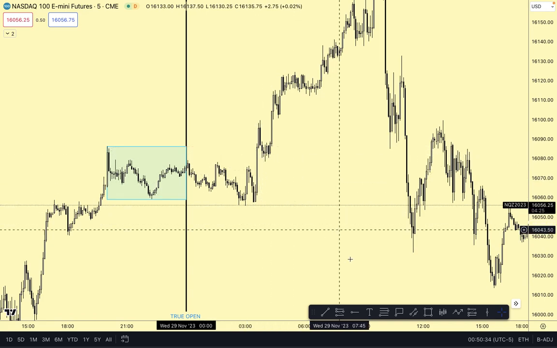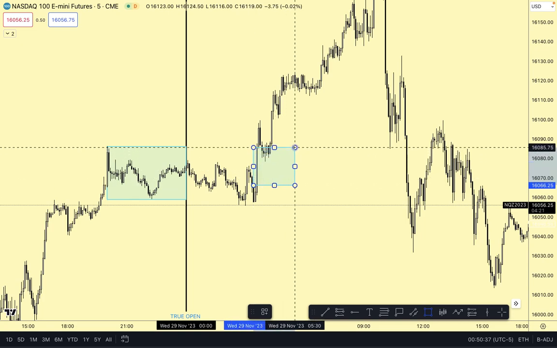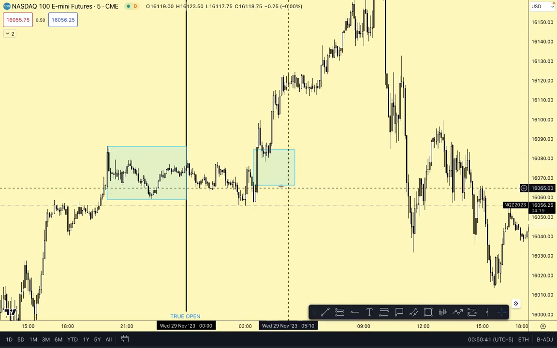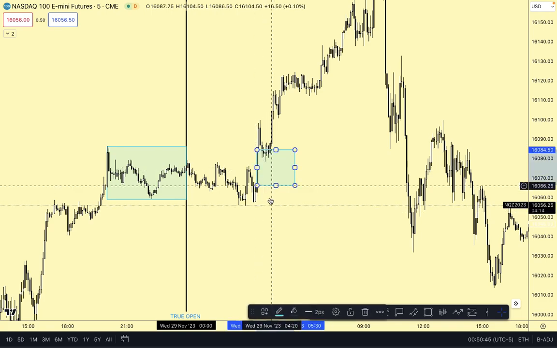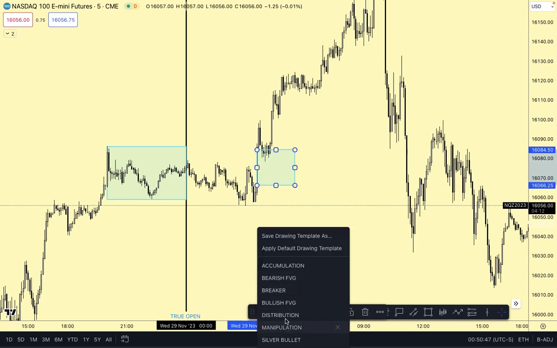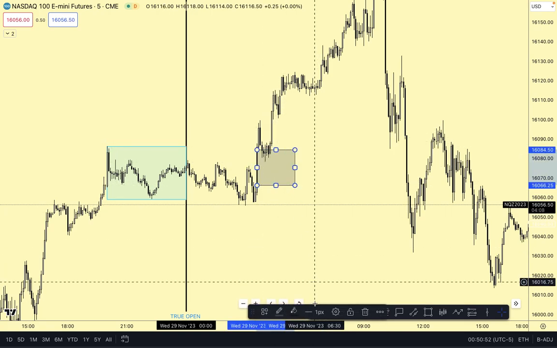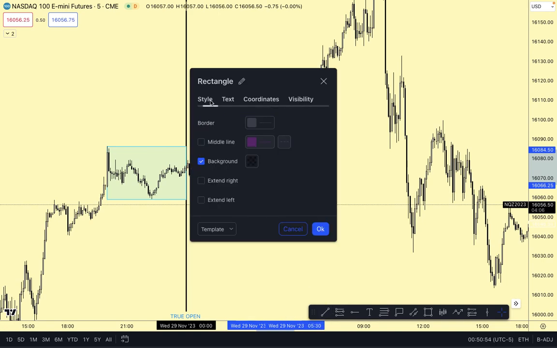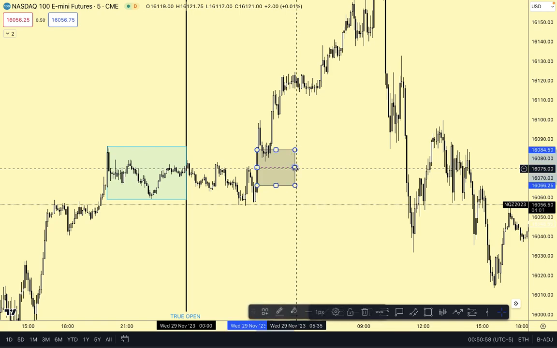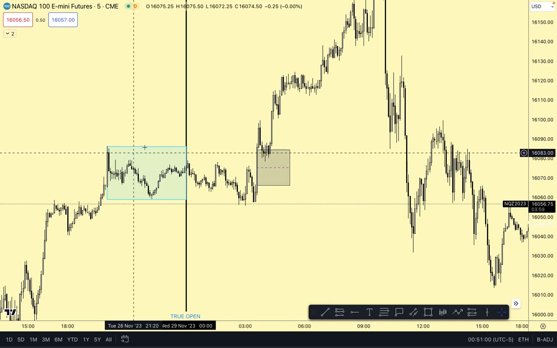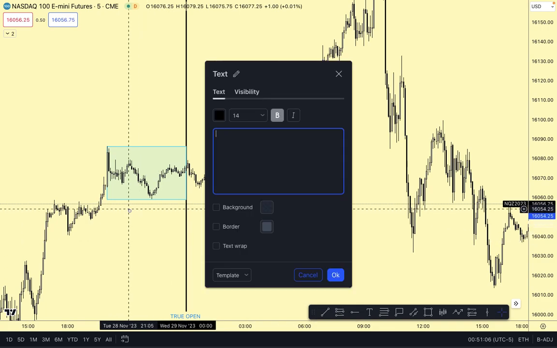There was then a fair value gap here. Let me just put that so that we know. Okay, these ones will be the bullish ones that we purchased. That's just the accumulation there. Perhaps I should mark or write that down.